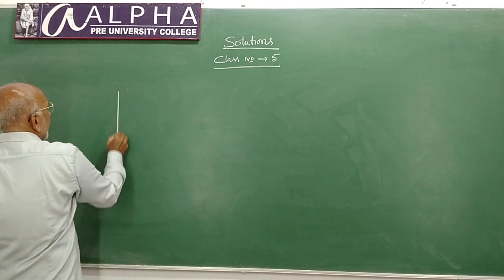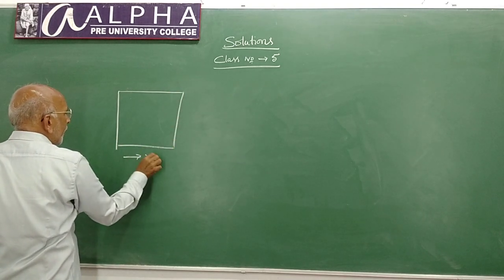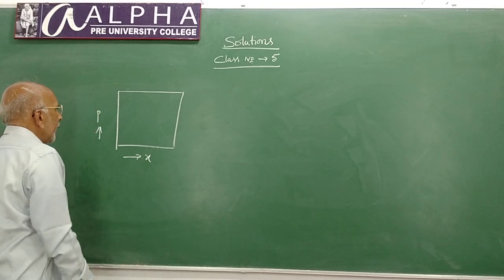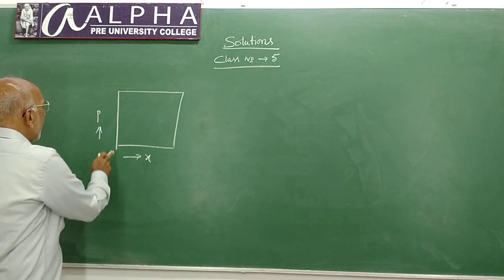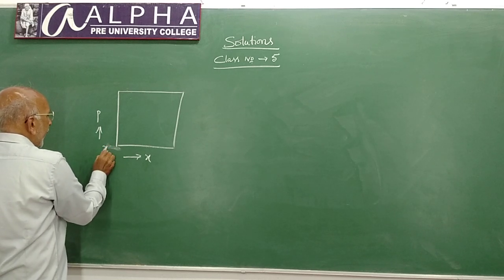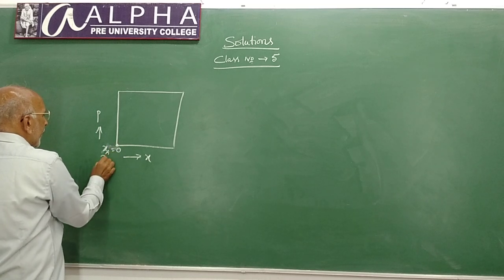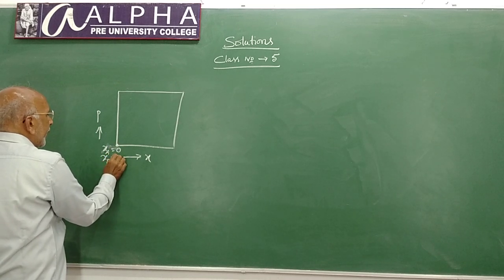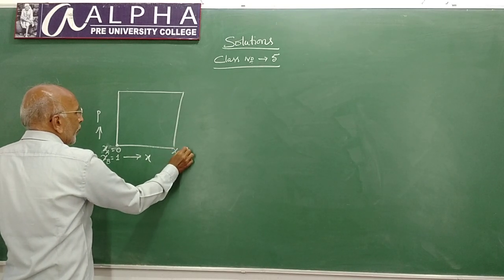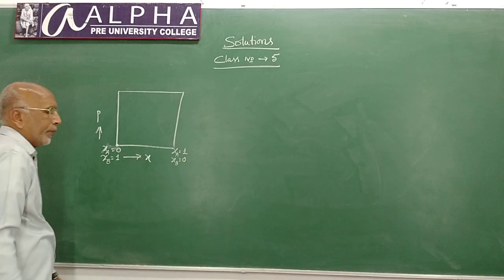You know, for an ideal solution, consider the plot of mole fraction against total pressure or vapor pressure. Chi of A here is 0, and chi of B here is 1; chi of A is 1, chi of B is 0.